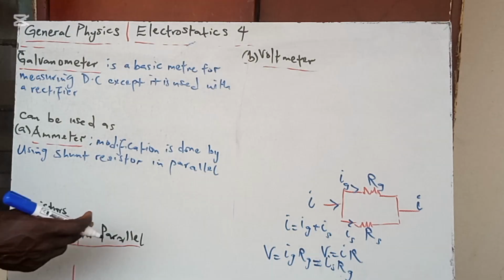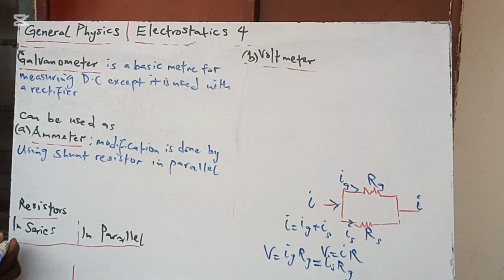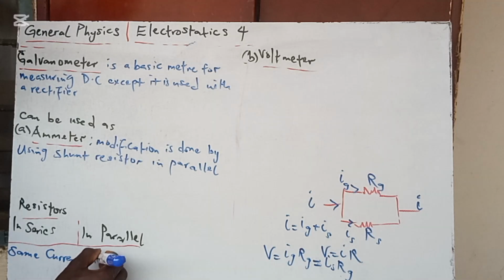Now let me complete this. In series you have the same current, but in parallel you have different currents.